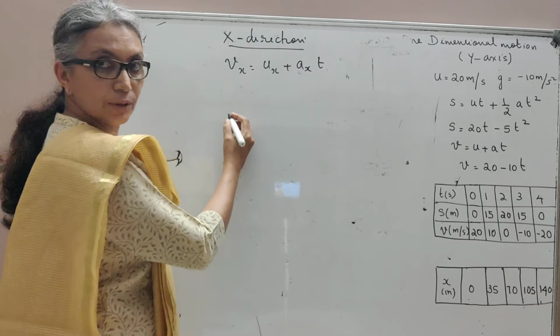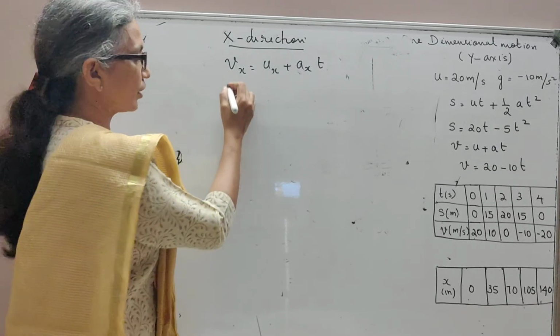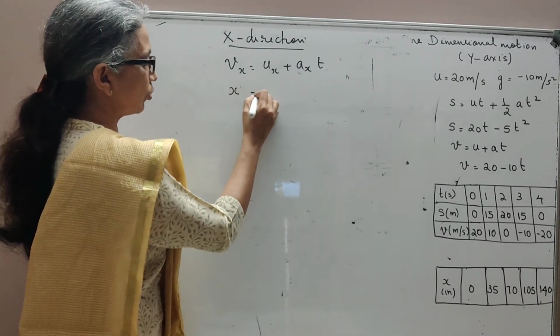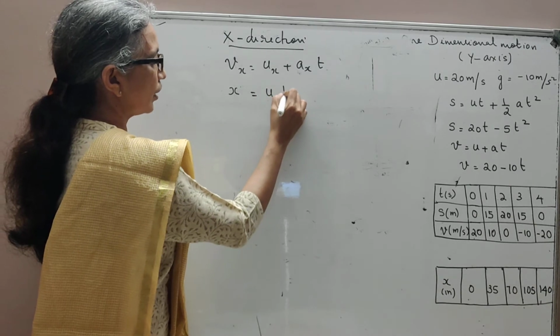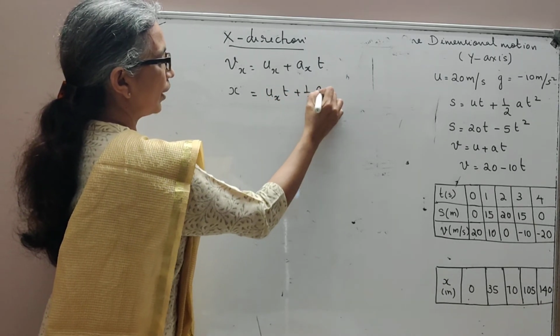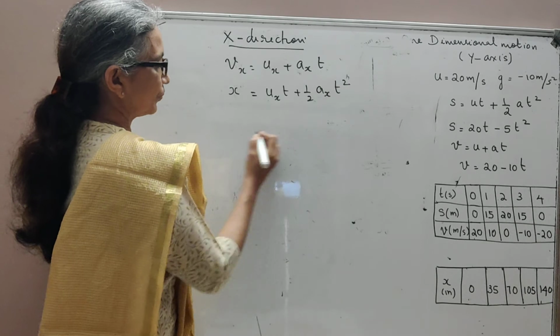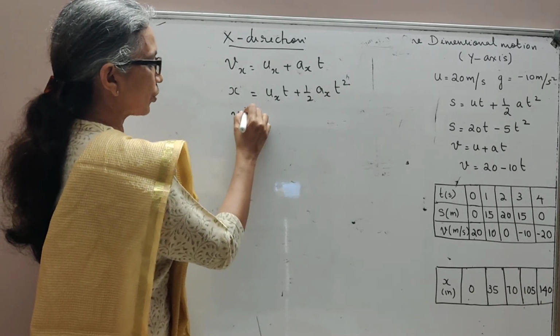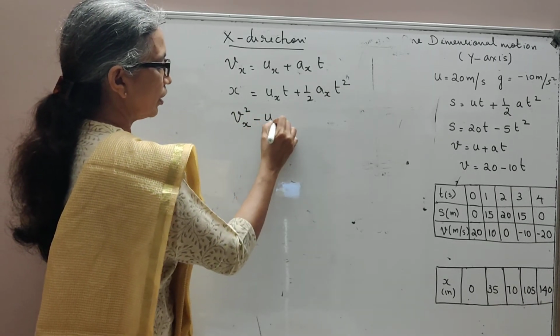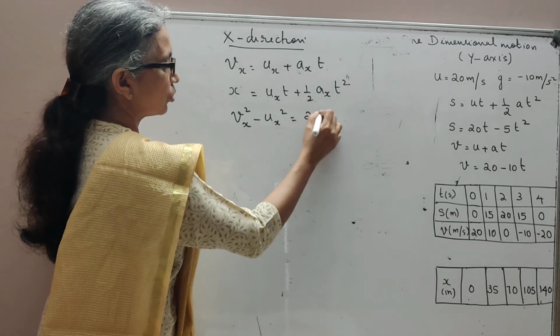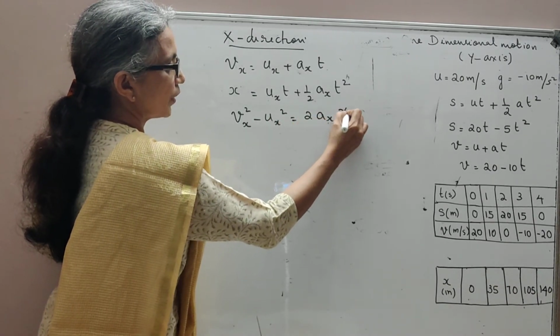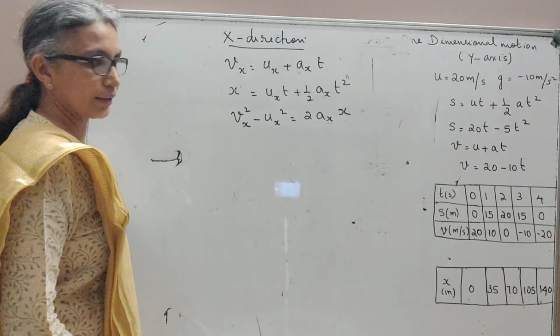Displacement along the x-axis we wrote as x is equal to uxt plus half axt square. And v square minus u square: vx square minus ux square equal to 2ax into displacement along the x-axis, which we took as x.